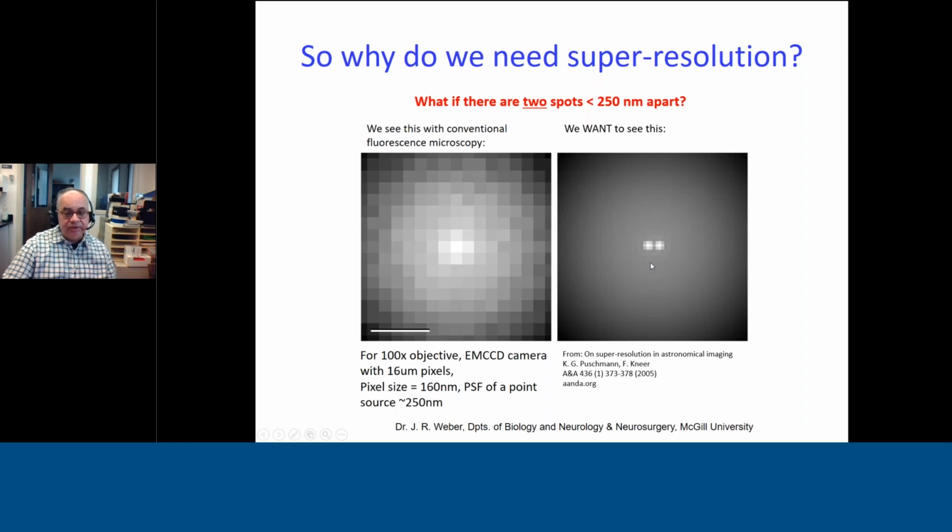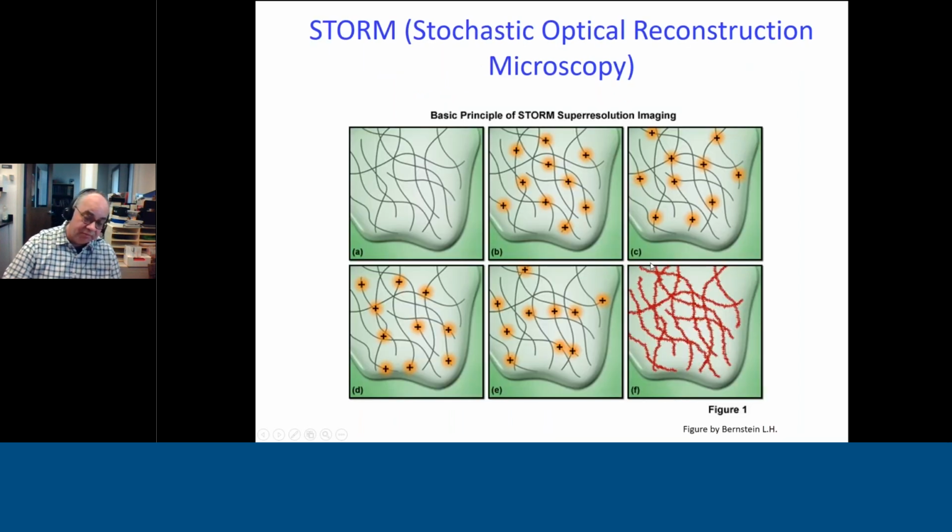And in particular, how does STORM microscopy work, which is one flavor of single molecule localization microscopy, and that term already gives it away. In this technique, we label our structure, for instance, in that schematic here, these cytoskeletal fibers, with an antibody, hopefully very dense.